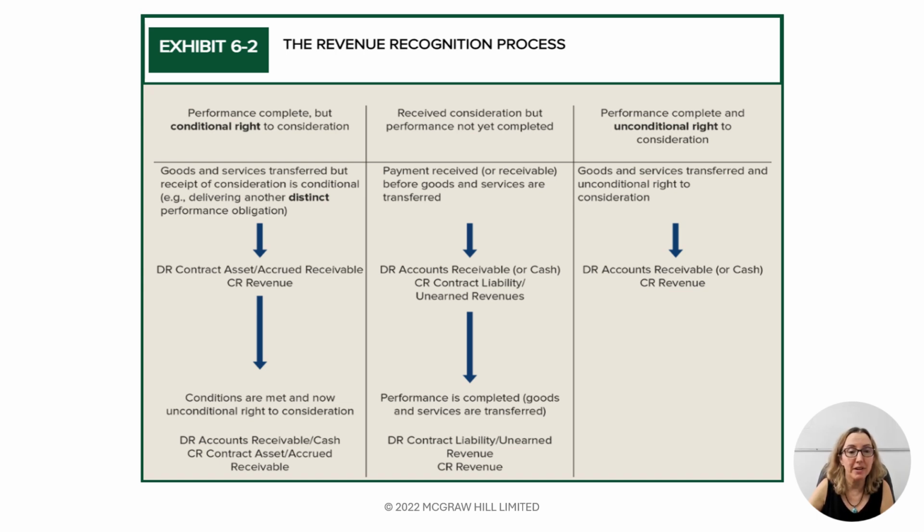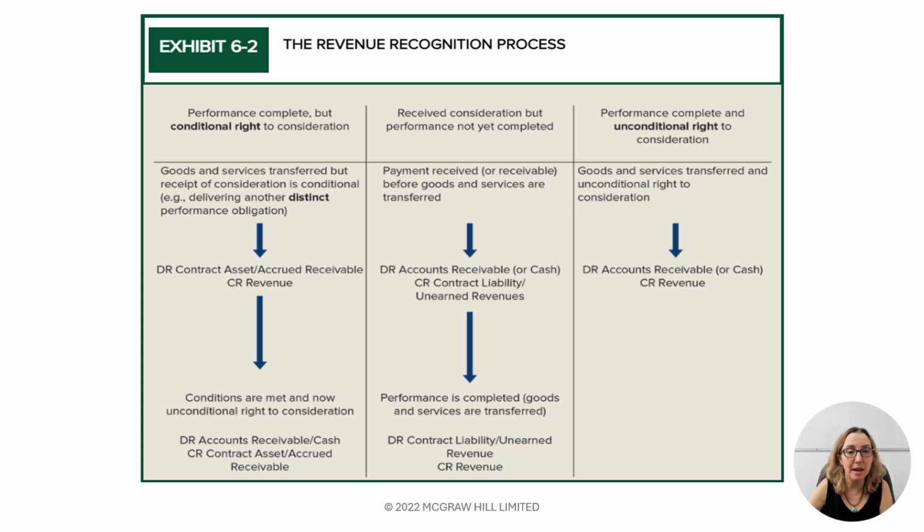So it might be, for example, that you deliver another distinct performance obligation before any payment is required. So maybe it's a delivery of two different things. You deliver the first one, which means you've done something, but they don't have to pay you till you do the second one. So in that case, you can't be debiting accounts receivable because they don't owe you anything.